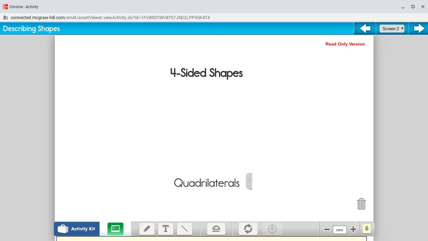And the reason a quadrilateral is a shape that has four sides is because of this part of the word right here, quad. If you've ever heard of a quad before, sometimes that is something that somebody rides. It has four wheels and they call it a quad. Someone that has four babies at one time, not twins, not triplets, but quadruplets, that also means four. So anything that is using the part of the word quad is going to mean four, right?